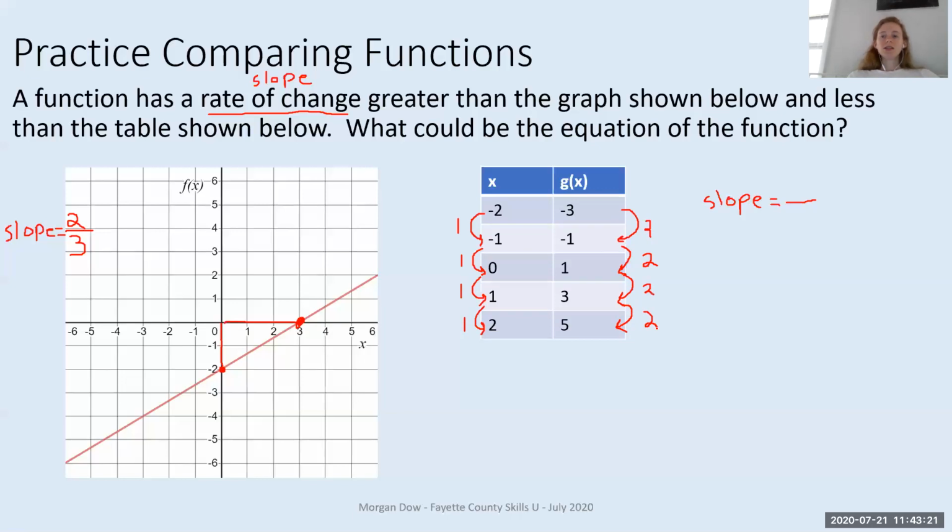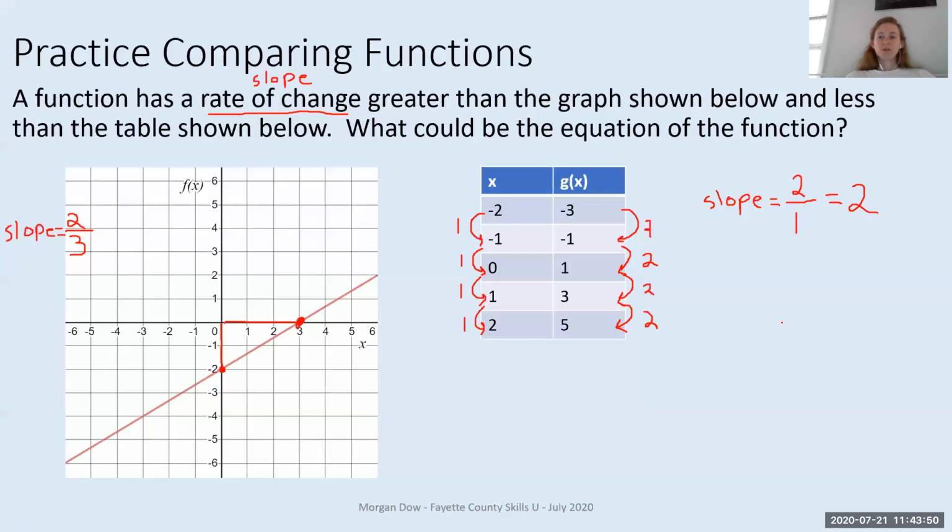So here again, we can see that constant rate of change. What we're seeing is that each time our input goes up by 1, our output goes up by 2. And so we could say that our change in y, or our change in output, is 2 compared to our change in x of 1. So we've got 2 over 1, and we can simplify that. 2 over 1, we can just write that as 2.